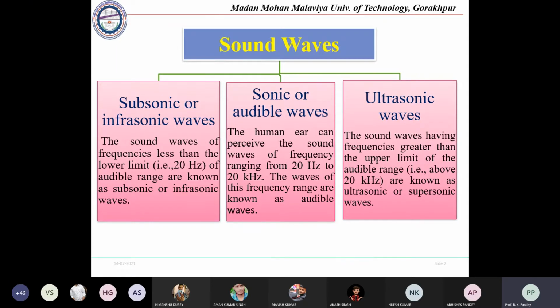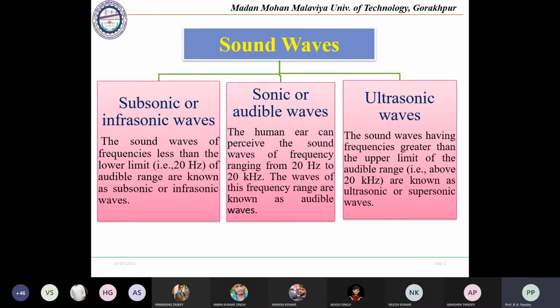But the sonic waves are produced by different instruments, or musical instruments, or creatures like birds, human beings and other animals, in the range of 20 hertz to 20 kilohertz.